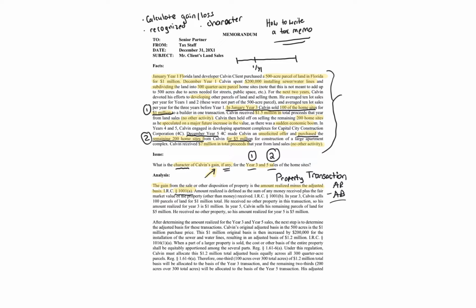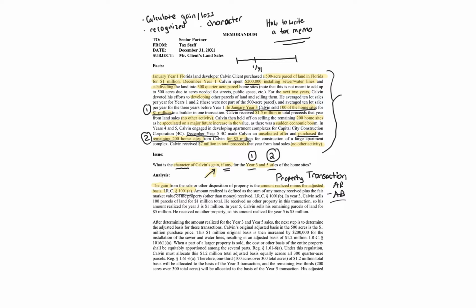Think about it. Even if you're not a tax person, you purchase a 500-acre parcel for $1 million. You spend $200,000 adding some things to it, subdividing it, installing sewer and water lines. You've invested $1.2 million. You're going to sell all of that land, those parcels, for $1 million in year 3 and $5 million in year 5.